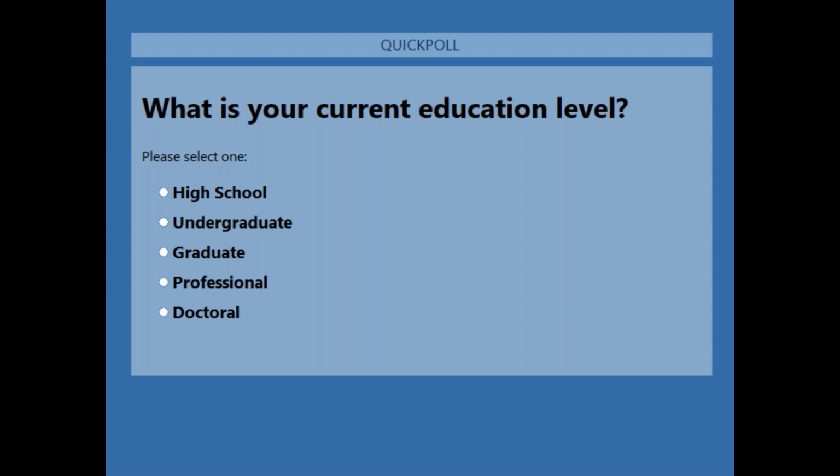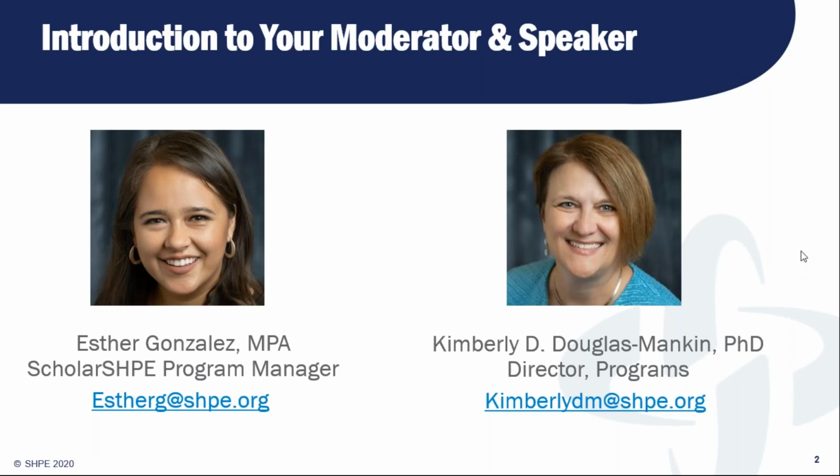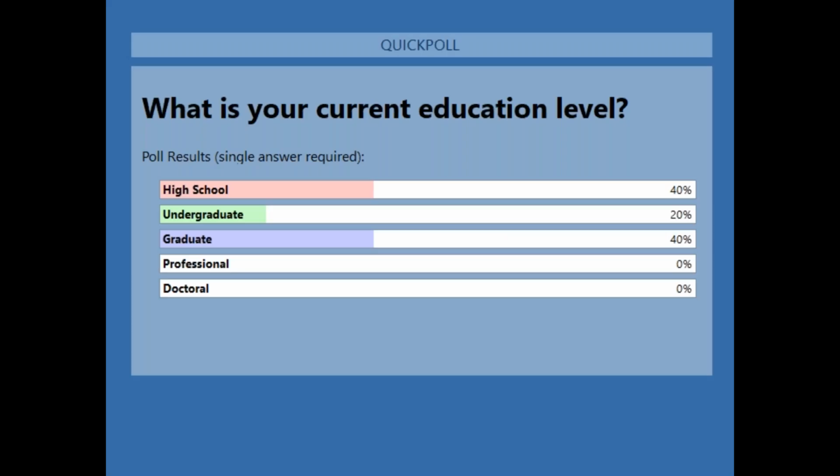Give folks another 10 seconds to respond here. And closing the poll now. Thank you for responding. It looks like 40% of our attendees are in high school, 40% in graduate school, and 20% in their undergrad education level.